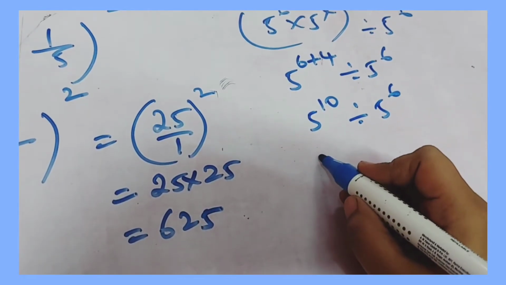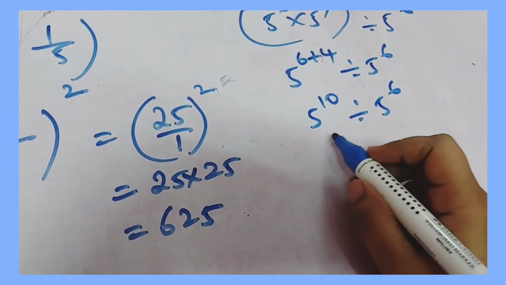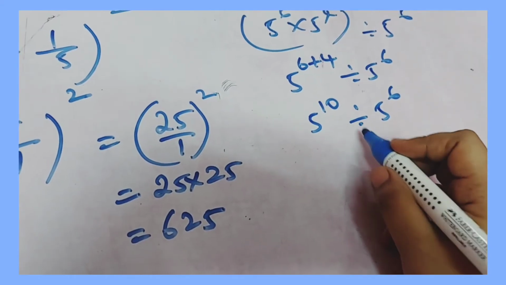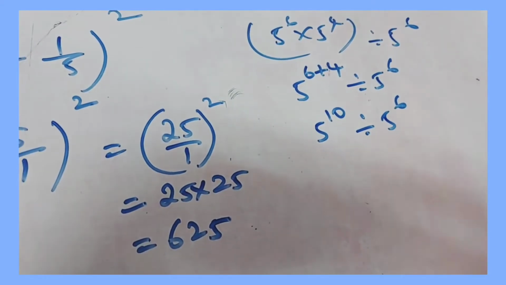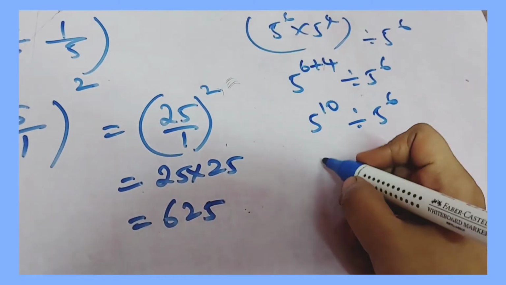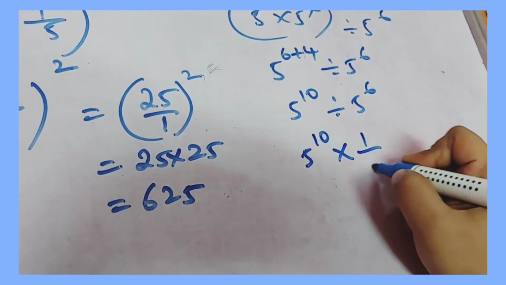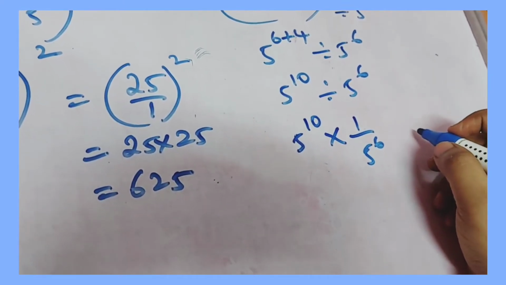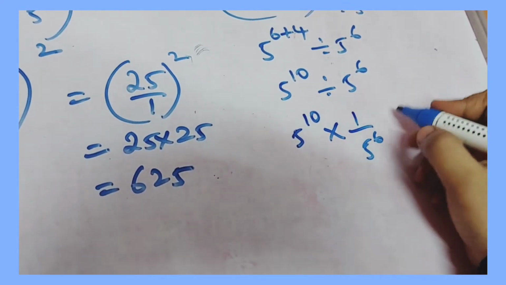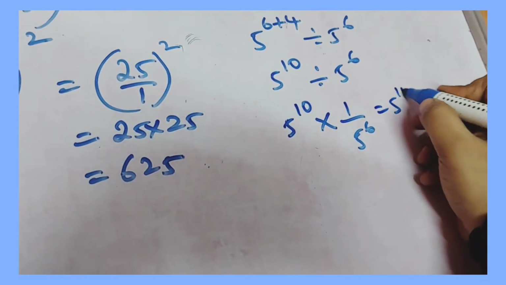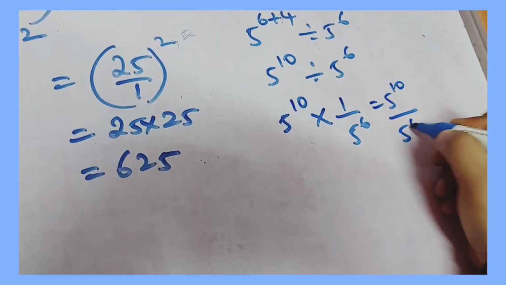So now what you have to do here? 5 to the power of 10 divided by 5 to the power of 6. Now we'll take 5 to the power of 10 into 1 by 5 to the power of 6. Again we have to take the reciprocal. It is 5 to the power of 10 by 5 to the power of 6.